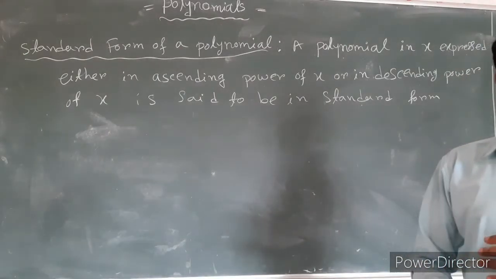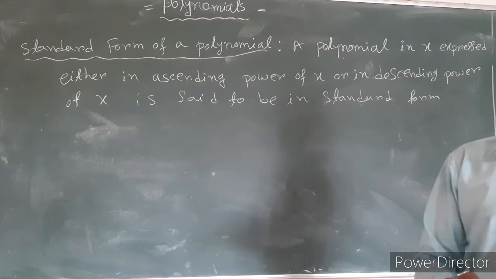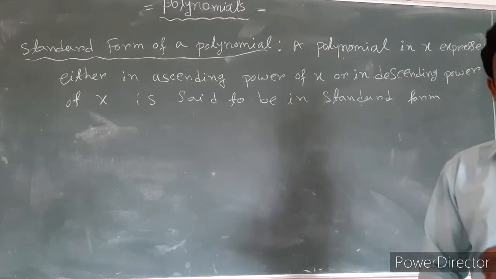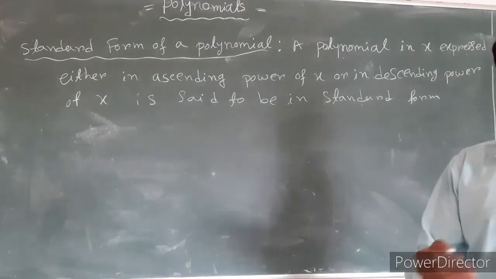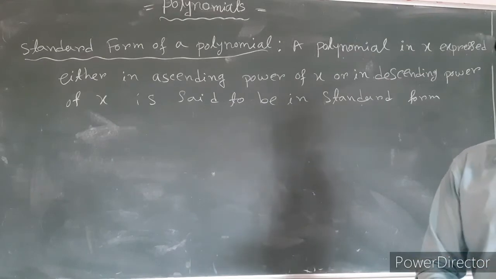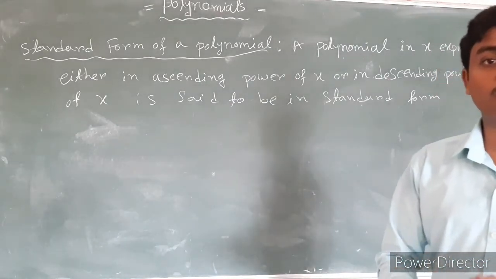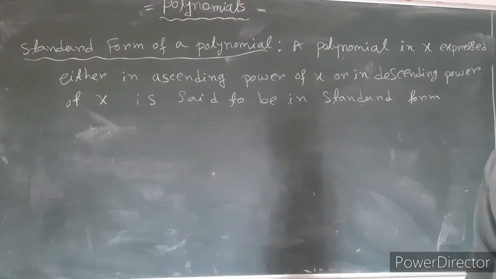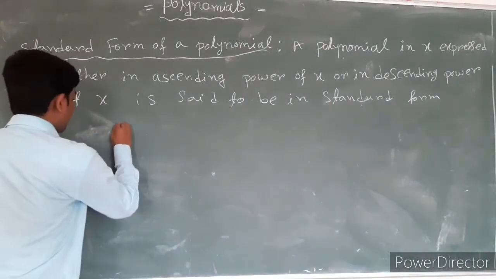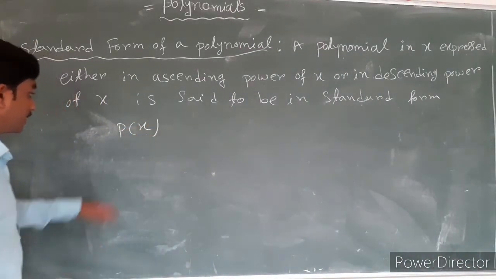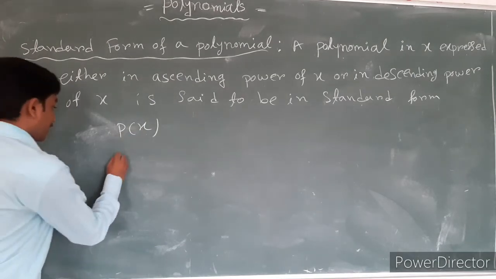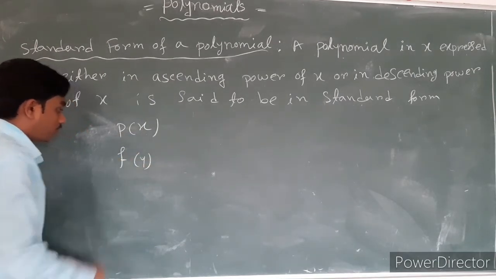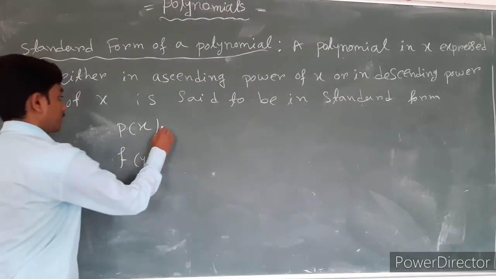When a polynomial in x is expressed in ascending power of x or descending power of x, it is called the standard form of a polynomial. Suppose p(x) is a polynomial in x, or f(y) is a polynomial in y.